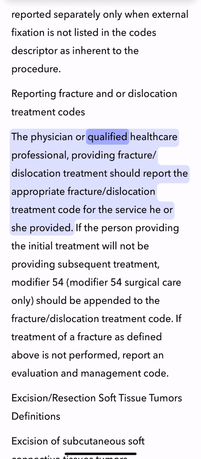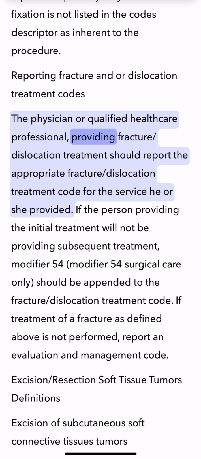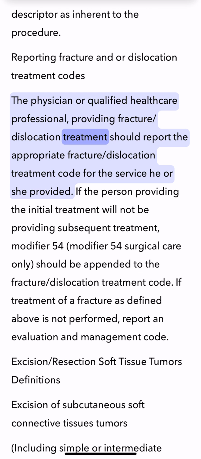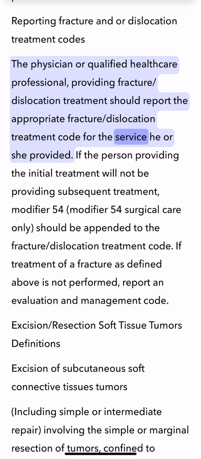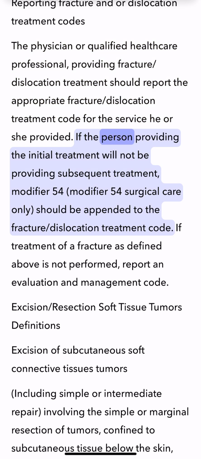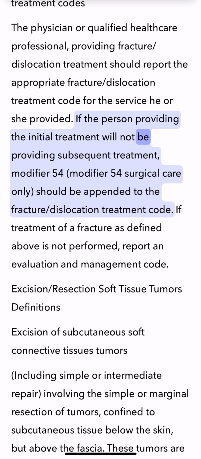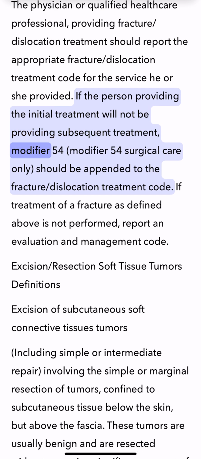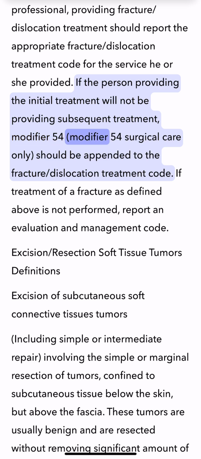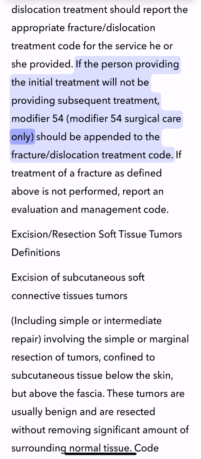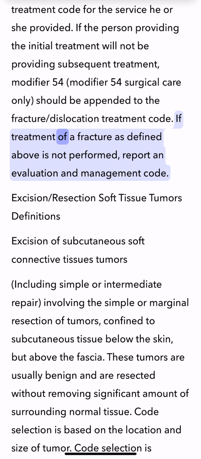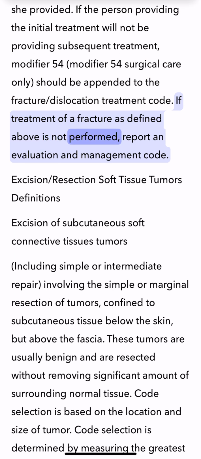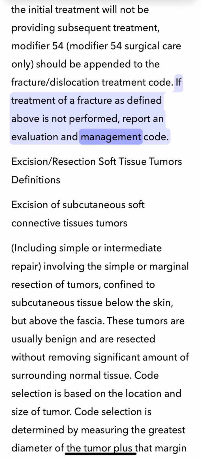The physician or qualified healthcare professional providing fracture dislocation treatment should report the appropriate fracture dislocation treatment code for the service he or she provided. If the person providing the initial treatment will not be providing subsequent treatment, modifier 54, surgical care only, should be appended to the fracture dislocation treatment code. If treatment of a fracture as defined above is not performed, report an evaluation and management code.